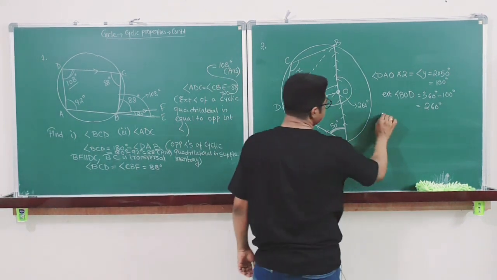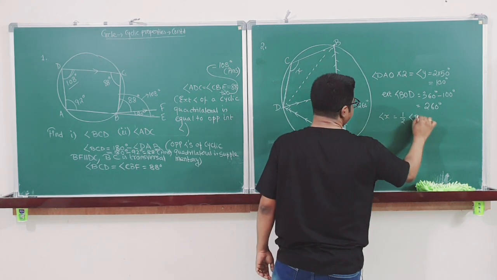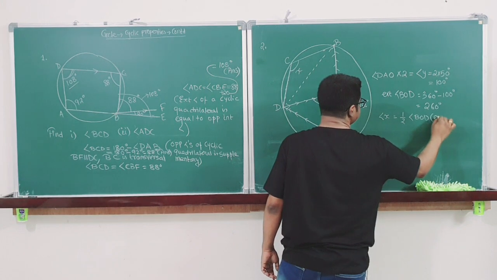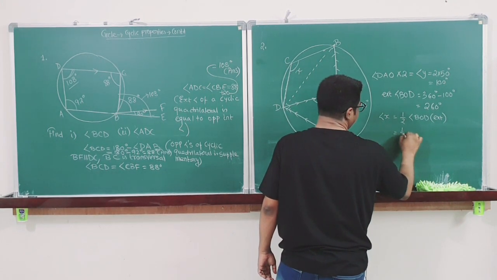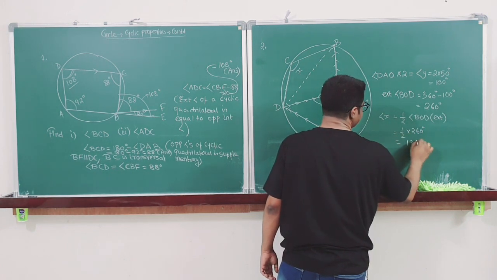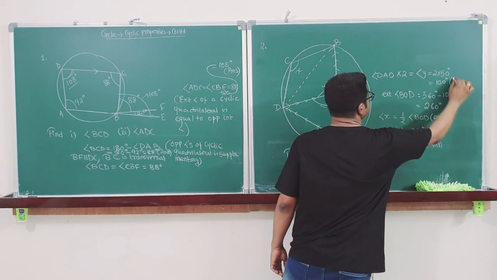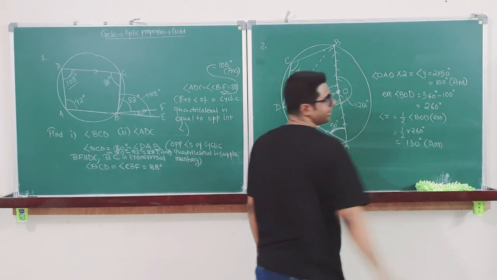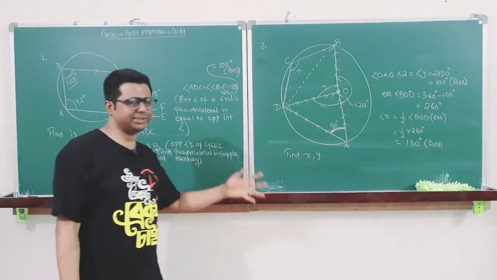So angle X is half of angle BOD external. Tick. So this will be half into 260 degree, that will be 130 degree. This will be one answer and this will be another answer. Tick. So approximately 3 lines.